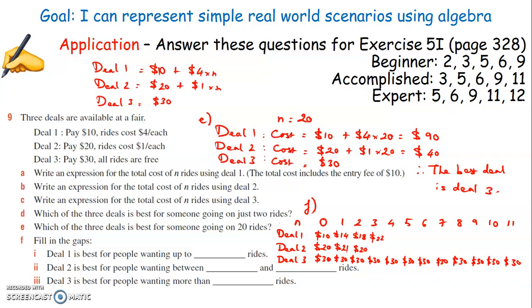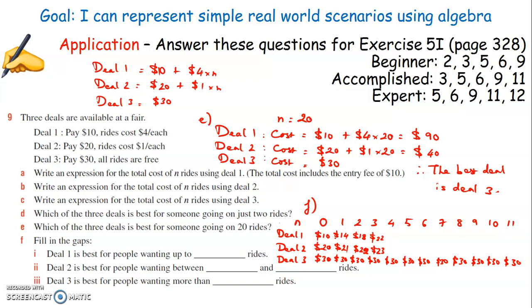And for deal number 2, 3 times 1 is 3, plus 20 is 23. Oh, did I make a mistake there? That should be 22. All right, so what we have here is that deal number 1, up to 3 rides, is still the best one.